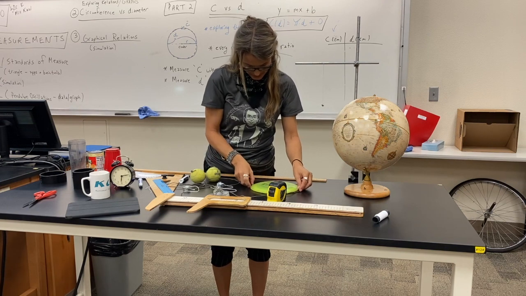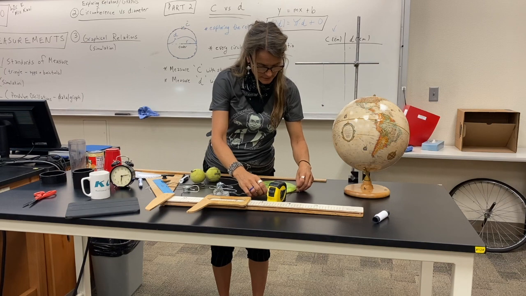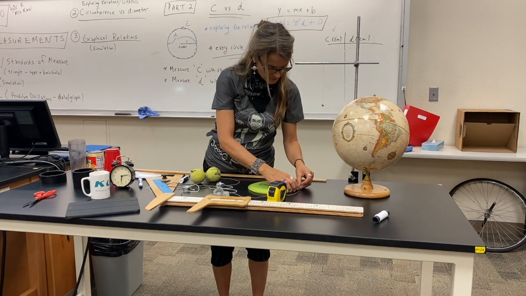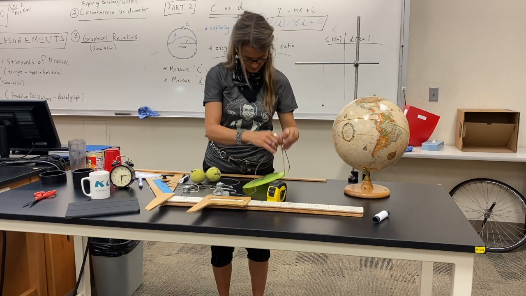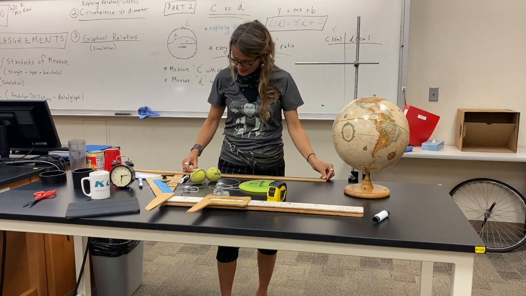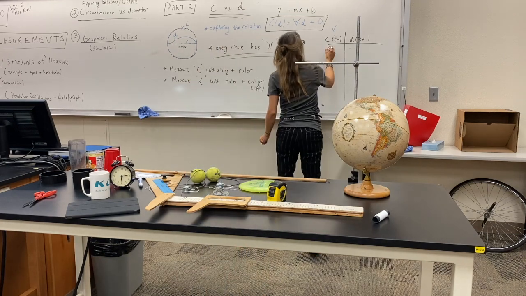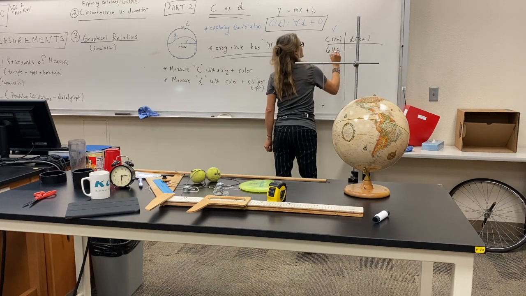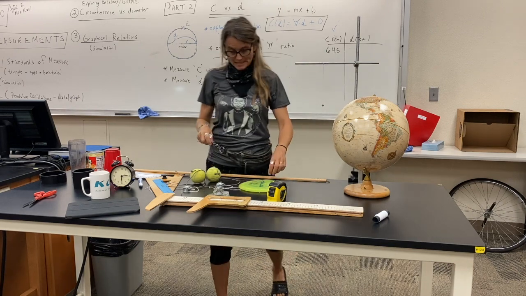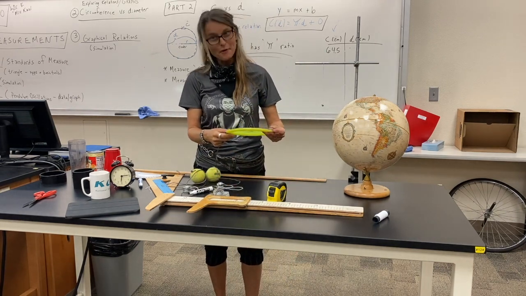So let's say I get a measurement of about this much string, so I get about 64.5 centimeters for my circumference on that Frisbee, one of my favorites for disc golf.